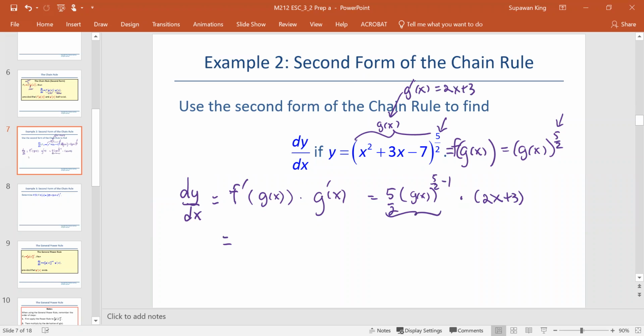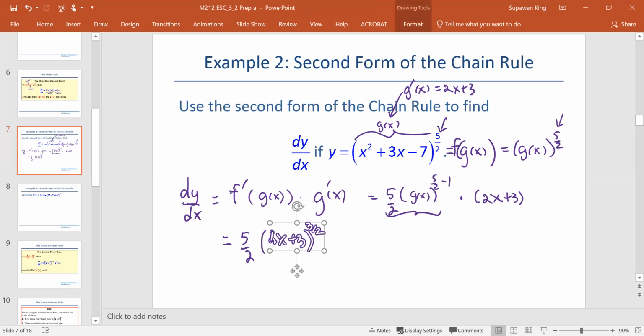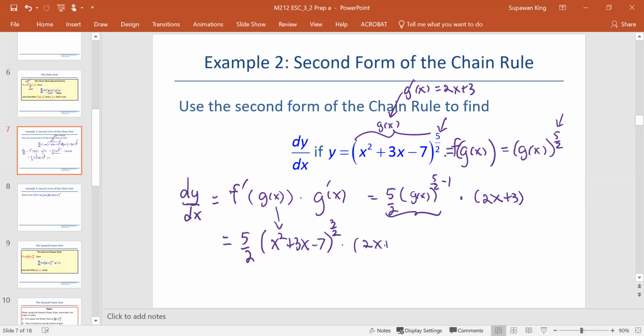So 5 over 2 quantity x squared plus 3x minus 7 raised to the power 5 over 2 minus 1, which is 3 over 2, and multiply by, sorry, this is the wrong one. So the g is x squared plus 3x minus 7 raised to the power 3 over 2, and the g prime is 2x plus 3.